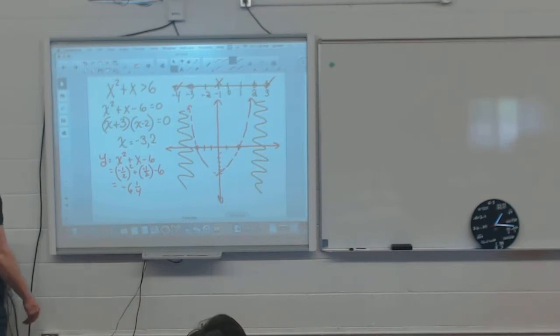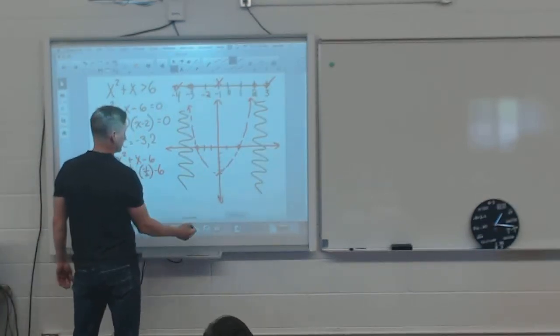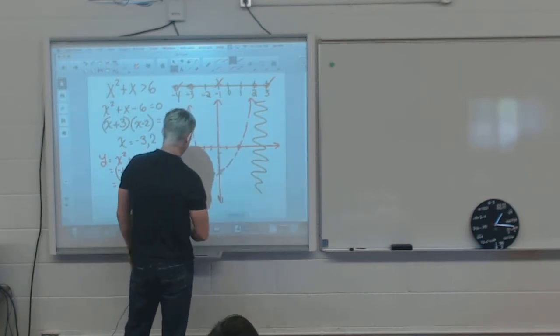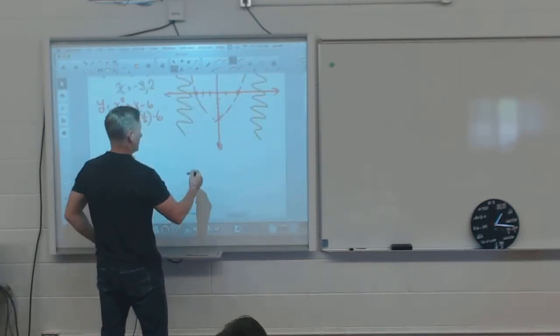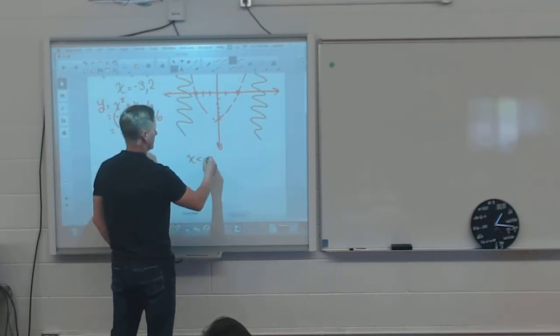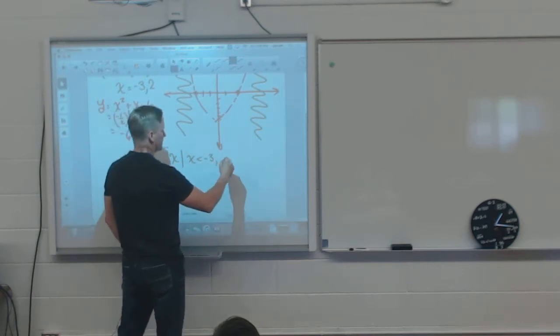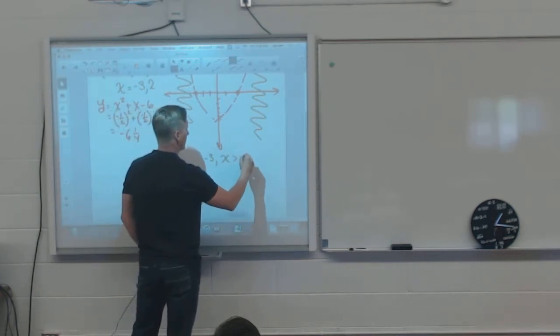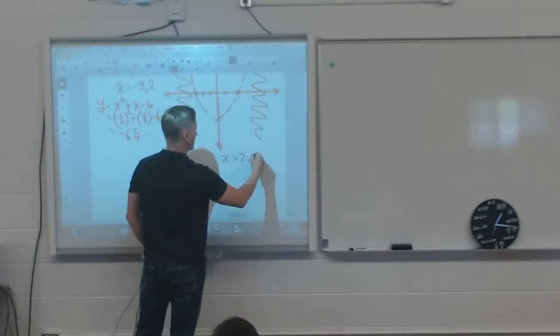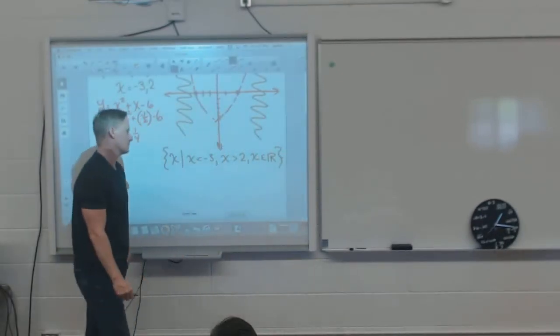So in this case, my actual solution for this, if I didn't need to draw the parabola, my solution would be x is less than -3, x such that, should get the notation down, x is greater than 2, and it's good practice to put in x as an element of all reals.